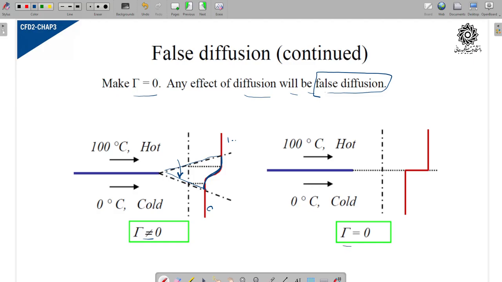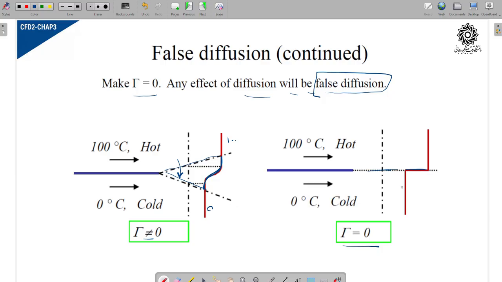If gamma equals 0, this means no diffusion term, and therefore no boundary layer between these two hot and cold flows.